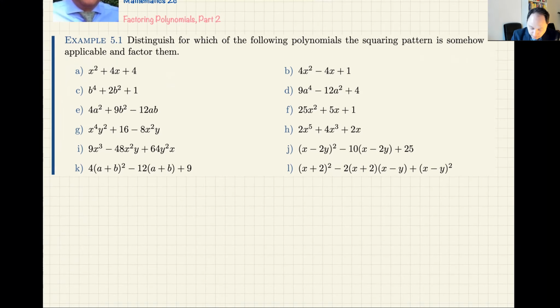So part A. First of all, let me just explain. How should I realize that there is a possibility that this can be factorized using the squaring pattern? This is important. Of course, here our lesson is about the squaring pattern, so most of the examples that I am providing are related to the squaring pattern.